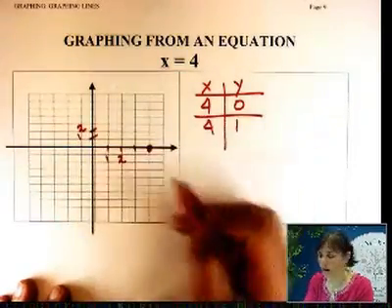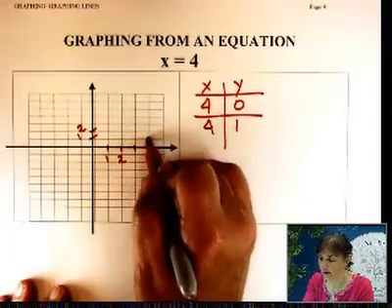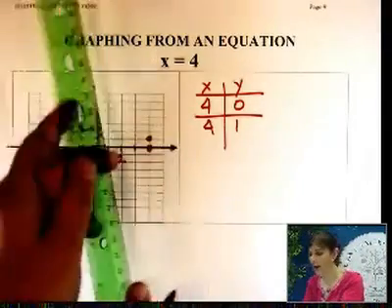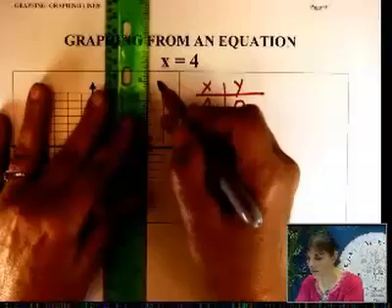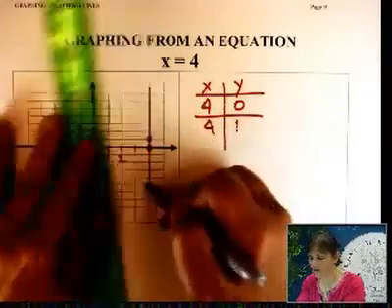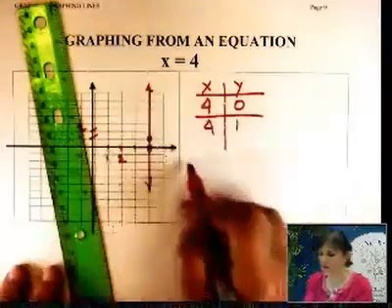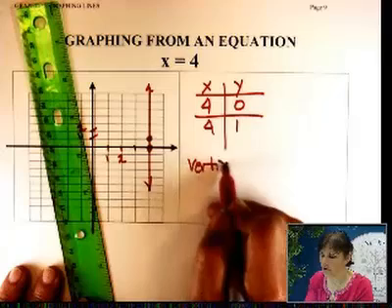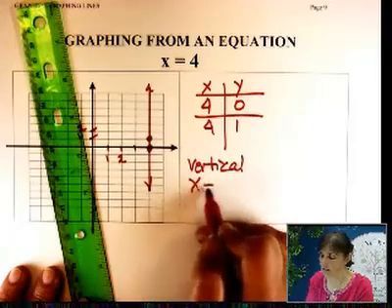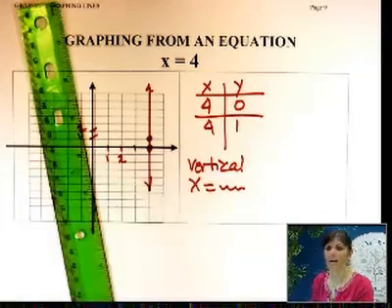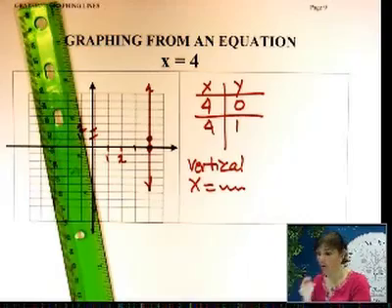And what is (4, 1)? 1, 2, 3, 4, 1. Oh, look what we got. When y is anything and x is a fixed number, I get a vertical line. So x equals something is always a vertical line. That's good to know.